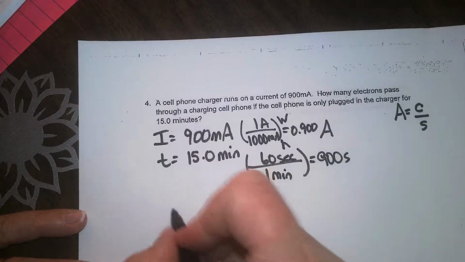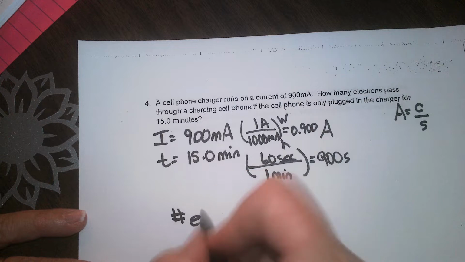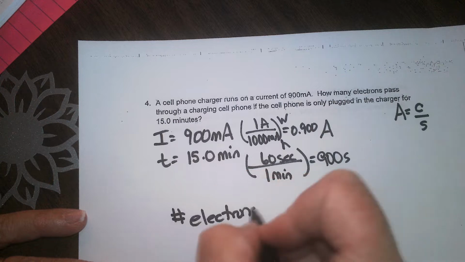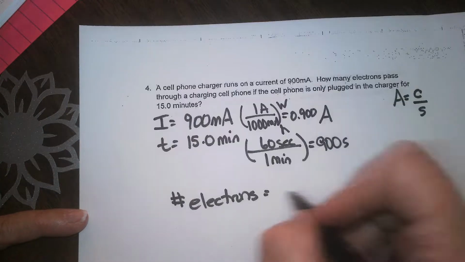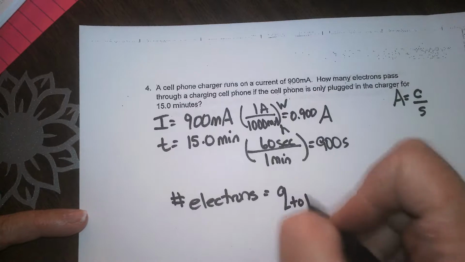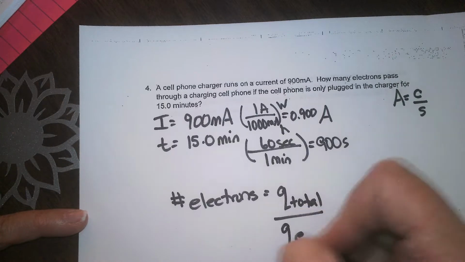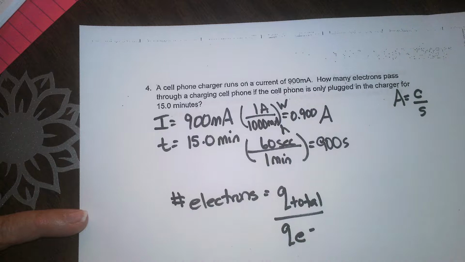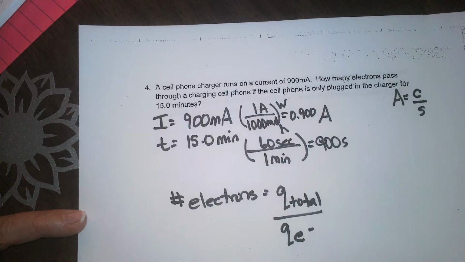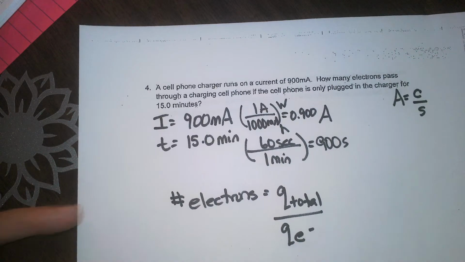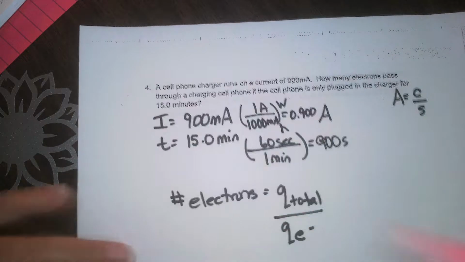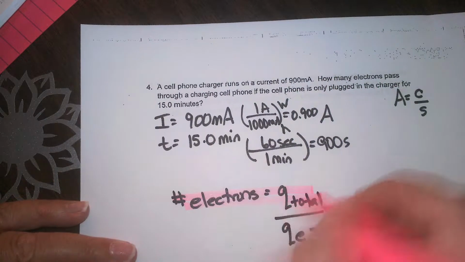Here's a formula that's not listed anywhere other than in this problem, so highlight this. The number of electrons can be determined by my total charge over the charge of an electron. So this is a new formula that I'm introducing to you in the middle of a problem.